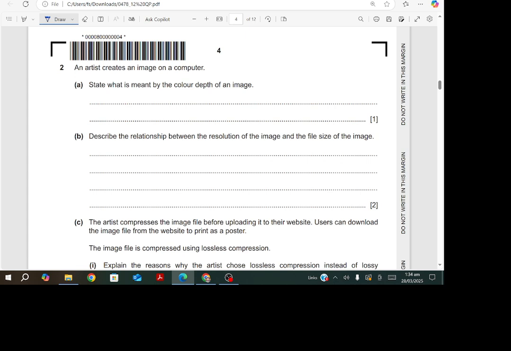What was that? Color depth of an image. Color depth of an image refers to the number of bits used to represent one color. Number of bits used to represent a color.